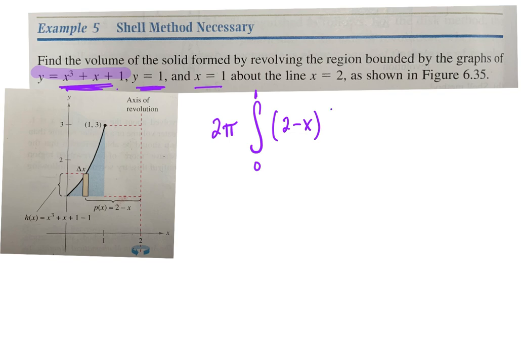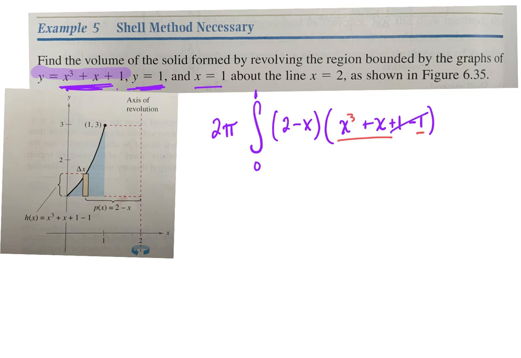So my functions are going to look like this: x squared plus x plus 1 minus 1, because I have this function to consider as well. Two functions. I have the first function and the second function. That is my height of what I'm revolving. That was a minor detail that might come back to haunt us. There we go. All right. So those are my functions.